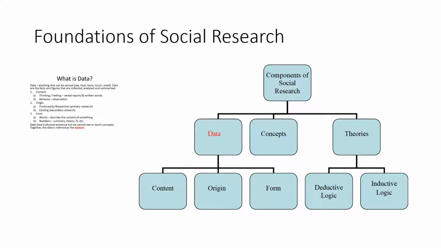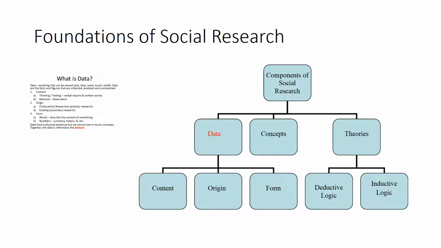And data can originate from two sources. The researcher can collect the data himself or herself by asking people, conducting surveys, designing questionnaires, asking people how they think about something, what they think, how they feel, observing people's behavior, recording them down, saving them in a Word file, in an Excel file, and whatnot, and they eventually become a data set.